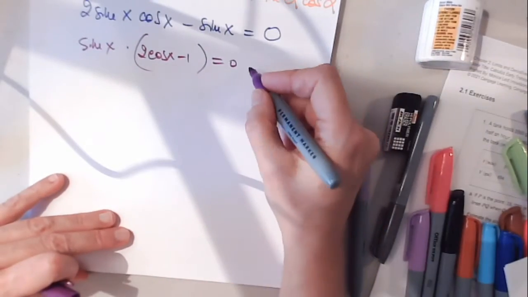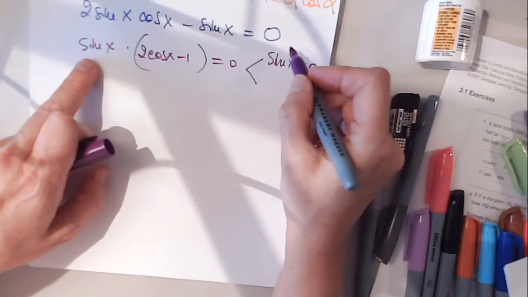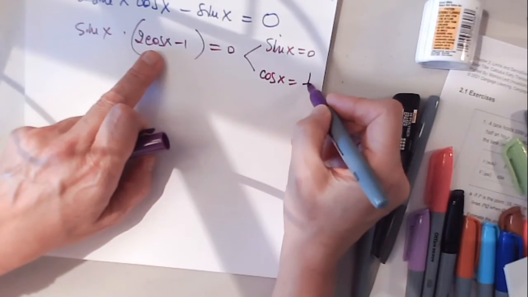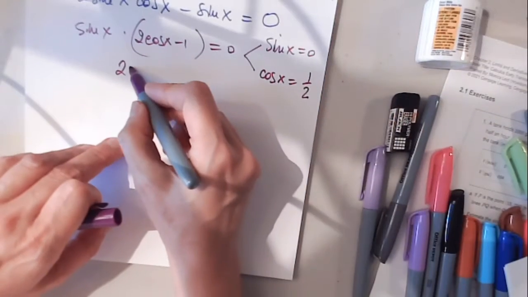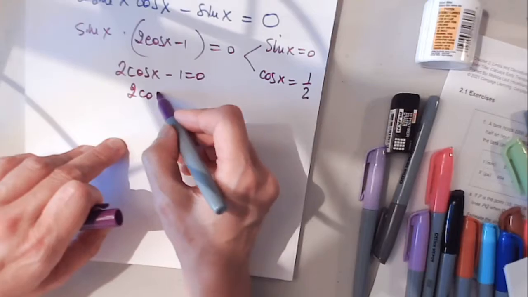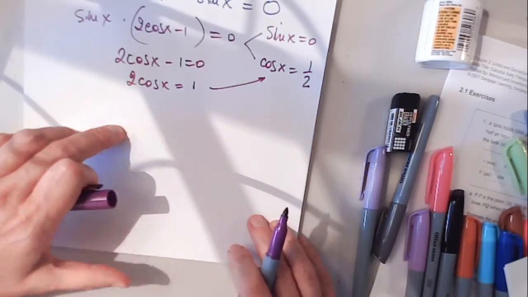Excellent. So then obviously there are two possibilities. Either sine x is 0 or cosine x equals 1/2. Because when I set 2 cosine x minus 1 equals 0, I have 2 cosine x equals 1, and then I get cosine x equals 1/2.